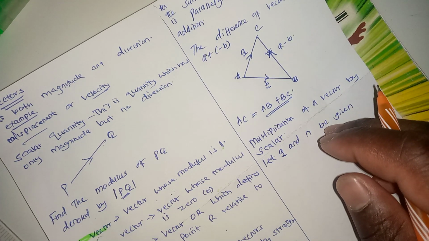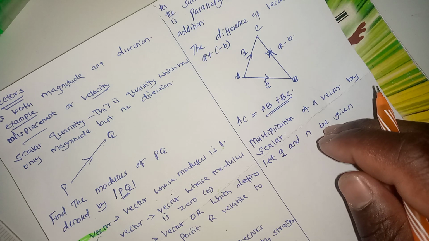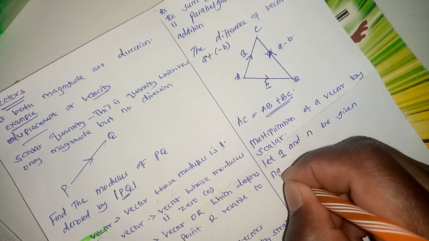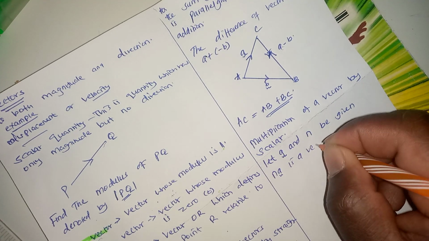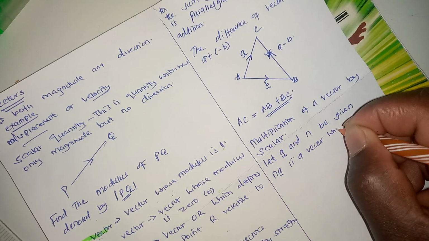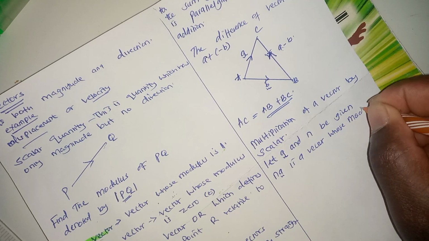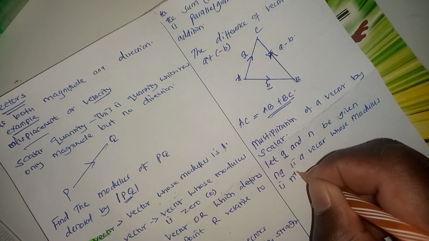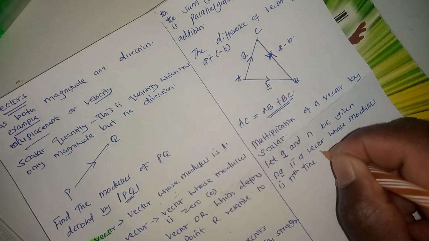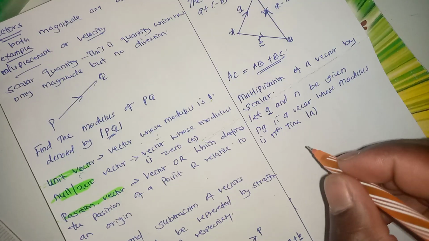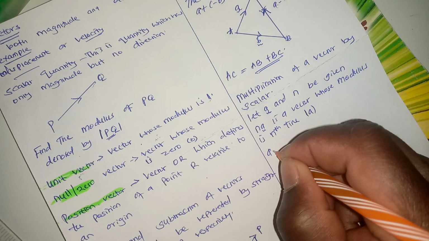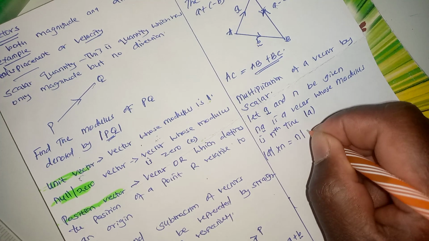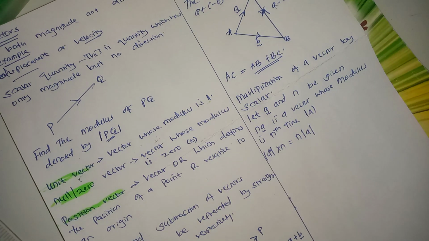Now we can say that vector nA is a vector whose modulus is n times the modulus of A. Now it is like this, that for modulus of A it is this, now times n, which is n, like that.